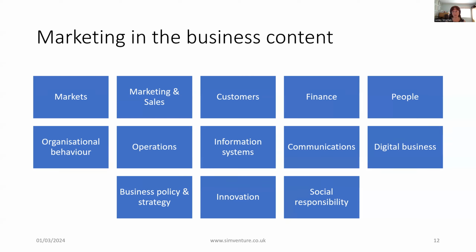So in terms of digital business, we're also going to look at the development of strategic marketing priorities to deliver business at speed in an environment now where digital technology has reshaped traditional revenue and business models. Then we're going to have a look at business policy and strategy. There's a lot here, isn't there?